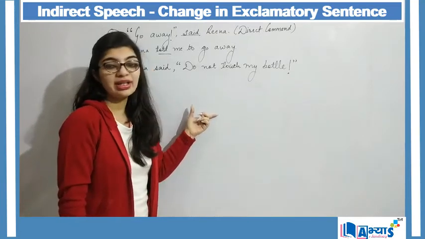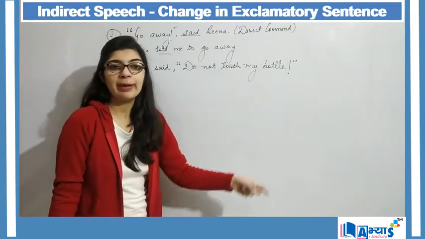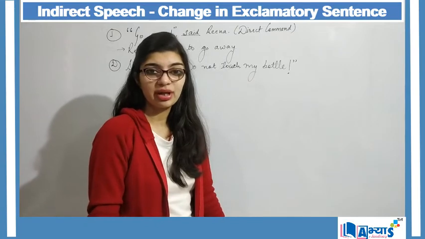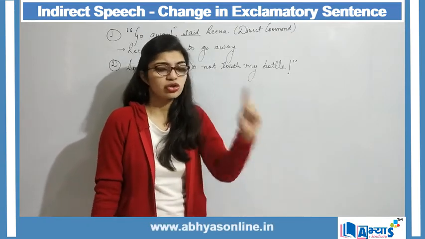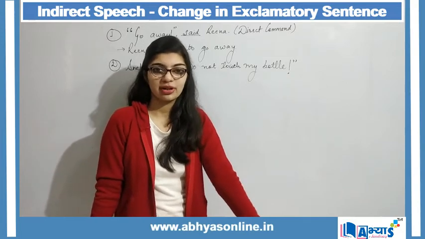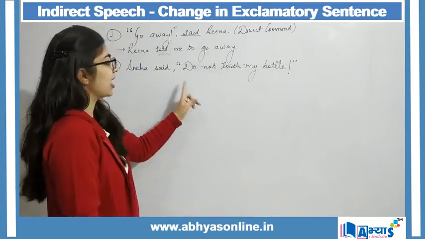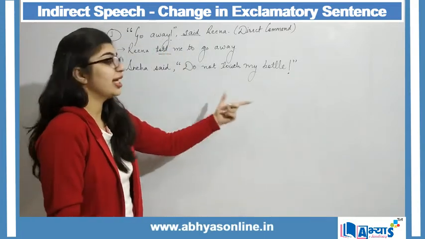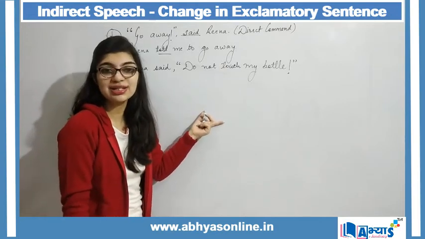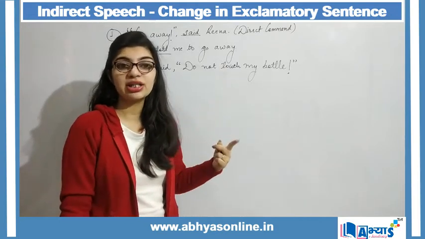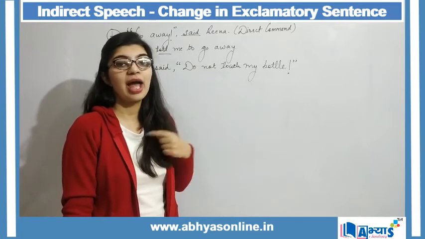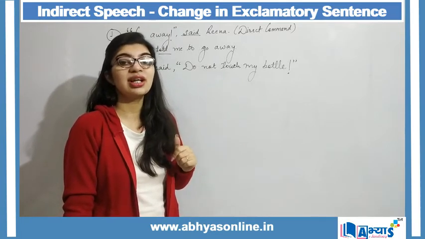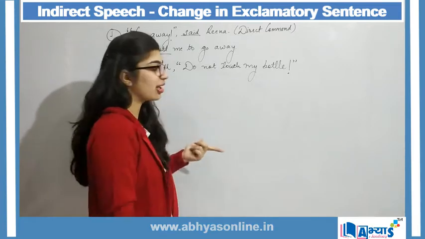Here, when I use an exclamation mark, I am not requesting someone. I am warning someone or I am commanding someone that don't touch my bottle. Right? So here Sneha said, do not touch my bottle. Here the sound that is coming is very alarming. It is very alerting, that if you touch my bottle, then I won't spare you. So this is a kind of warning that Sneha is giving.